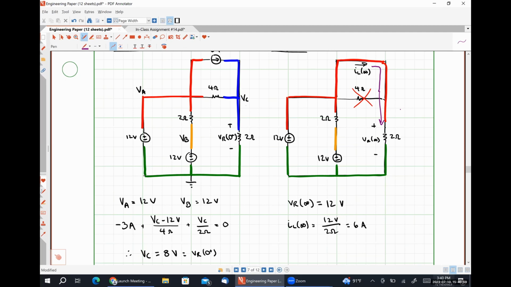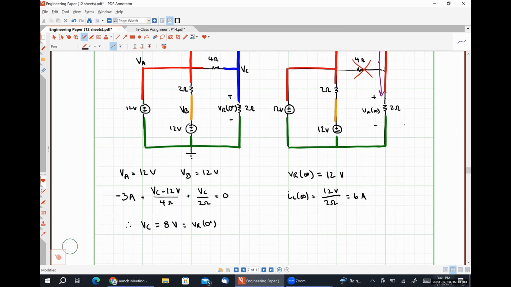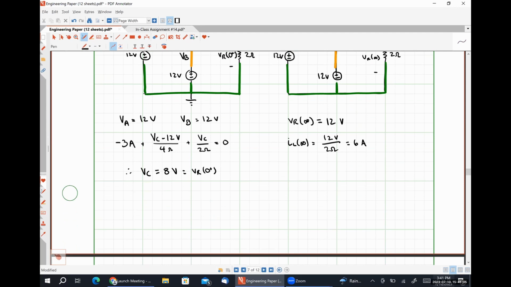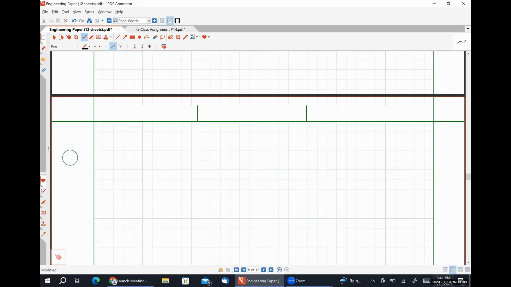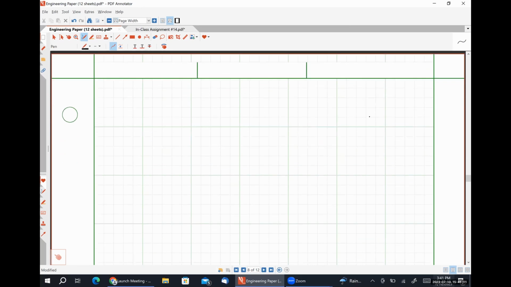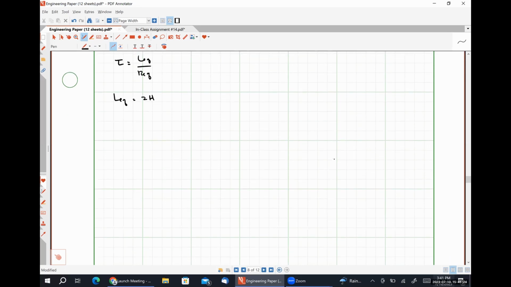Okay, good deal. All right, so now we need to find LEQ and REQ. So LEQ is pretty obviously 2 henries. So let's see, tau is LEQ over REQ. LEQ is 2 henries. So we look at our circuit during the transient condition.